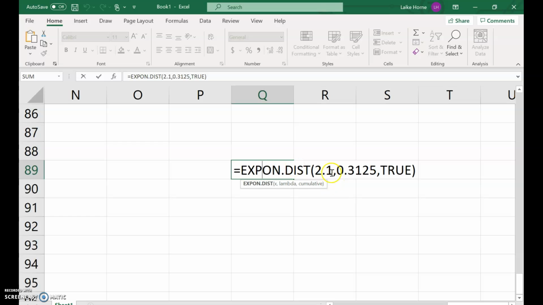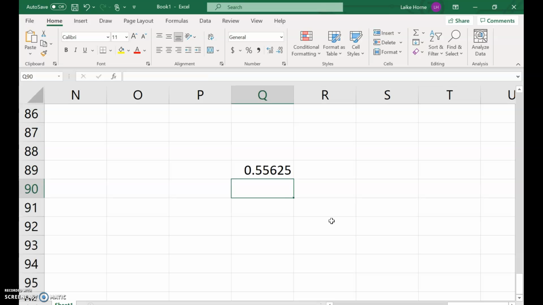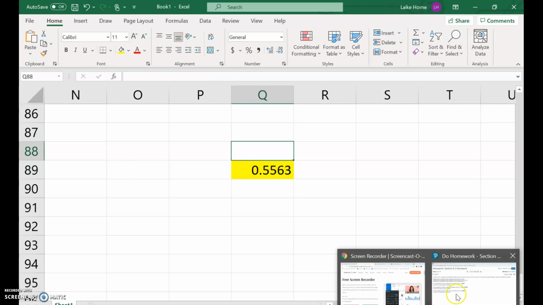The next one, between 2.6 and 4.4 hours. So let's do 2.6. So that would be the probability of the smaller. And then let's do 2.6 and 4.4.